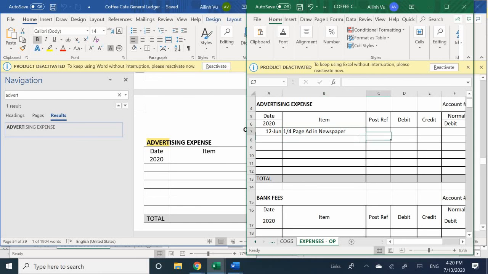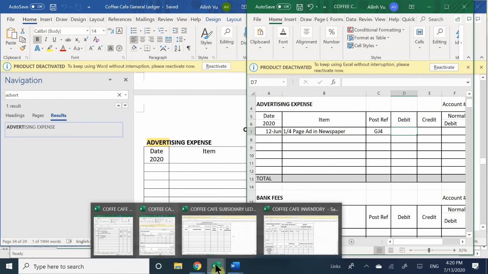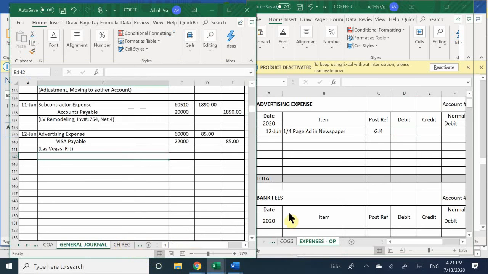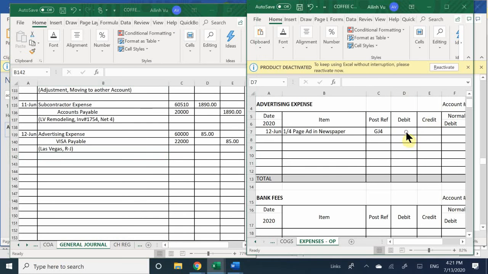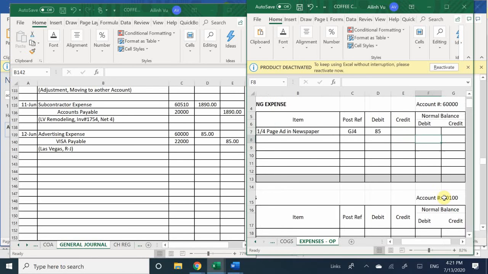Post reference is going to be general journal number 4. It's the debit because it's an expense for $85. And because this is where we're starting off, that is our balance so far.